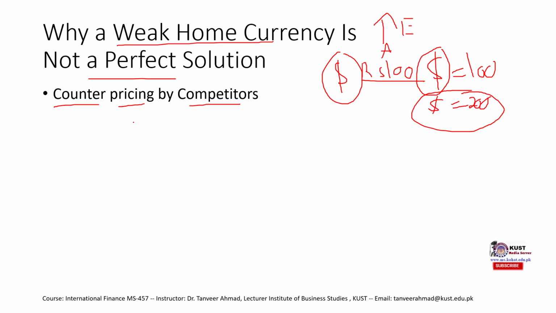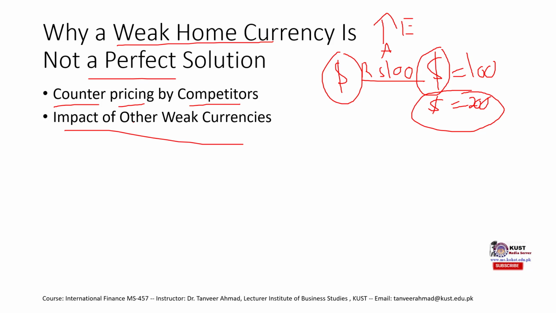The second reason is the impact of other weak currencies. Now, one thing we need to understand is that if the rupee is depreciating against the dollar, then it doesn't necessarily mean that it would depreciate against all the other currencies. It might appreciate against certain currencies and at the same time depreciate against other currencies.